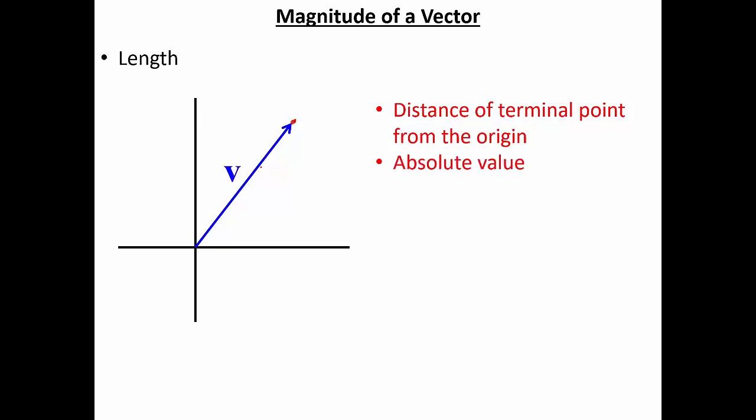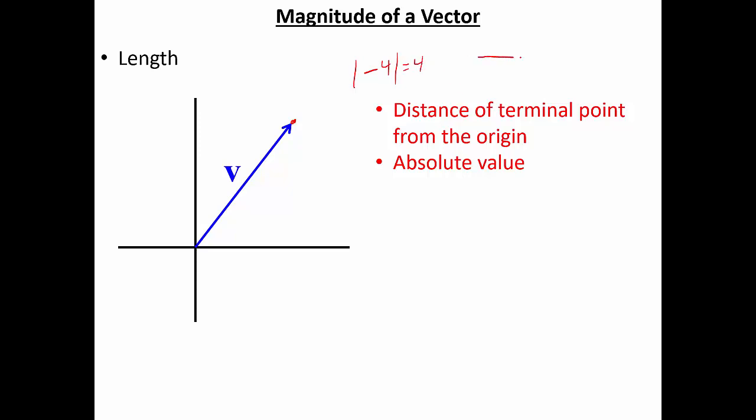Now, another thing we need to think about when I say distance from the origin, that's actually a fancy way of saying absolute value. When I ask you the absolute value of -4, the old way of thinking about that is just to say, oh, drop the negative and make it positive.